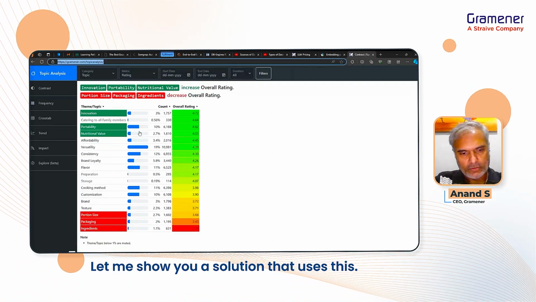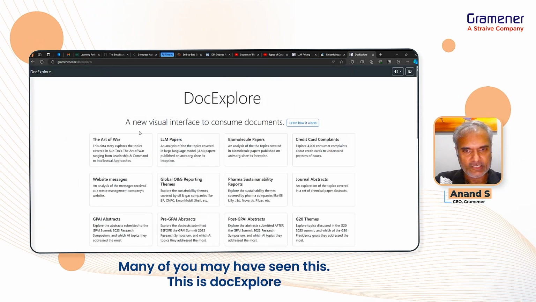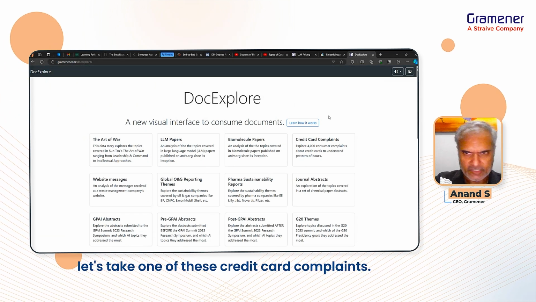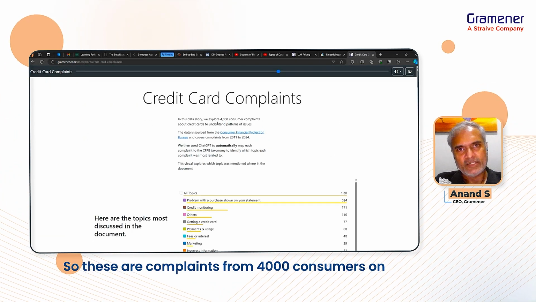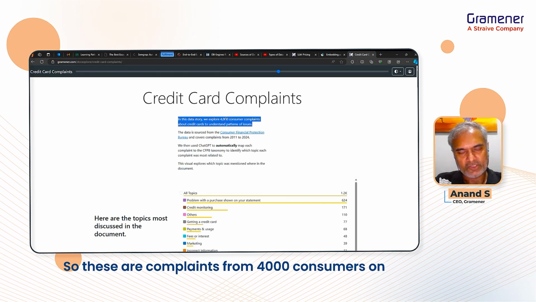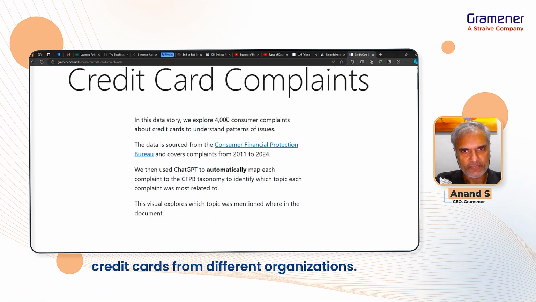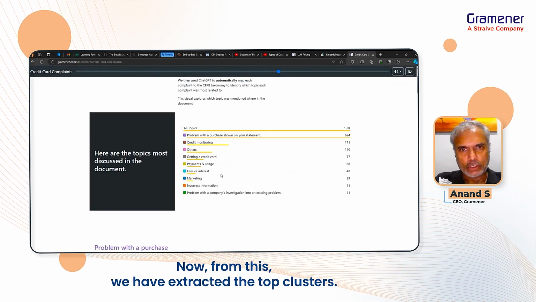Let me show you a solution that uses this. Many of you may have seen this. This is Doc Explore, where we have taken, let's take one of these, credit card complaints. So these are complaints from 4,000 consumers on credit cards from different organizations. Now, from this, we have extracted the top clusters.